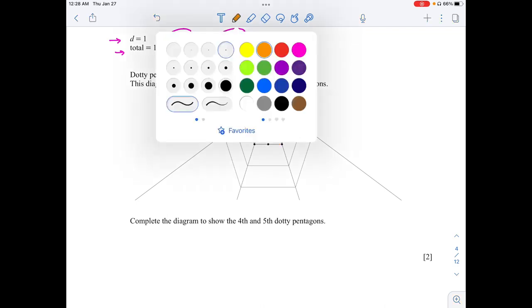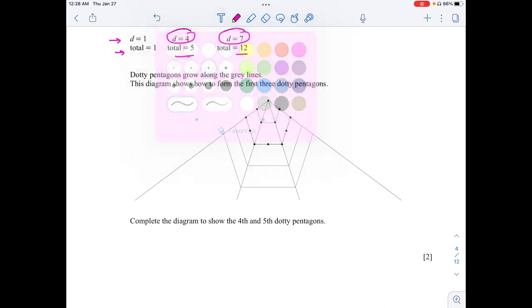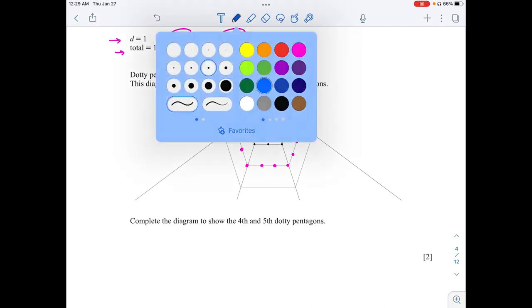So I go for 4 dots. 1, 2, 3, 4. I space them around. So on the fourth pentagon, there will be 4 dots on each side. And on the fifth pentagon, there should be 5 dots on each side.